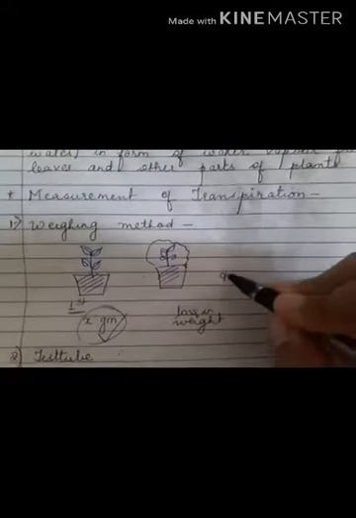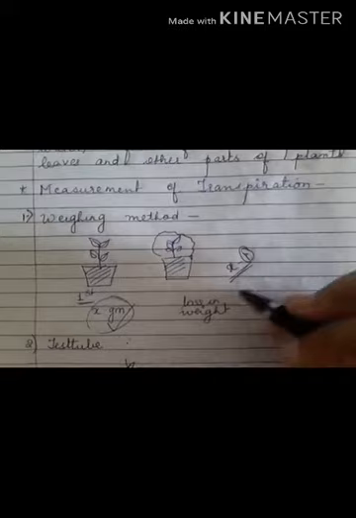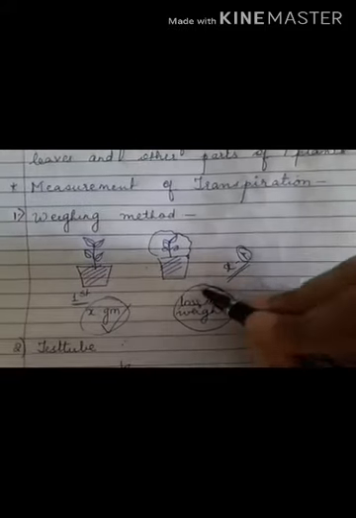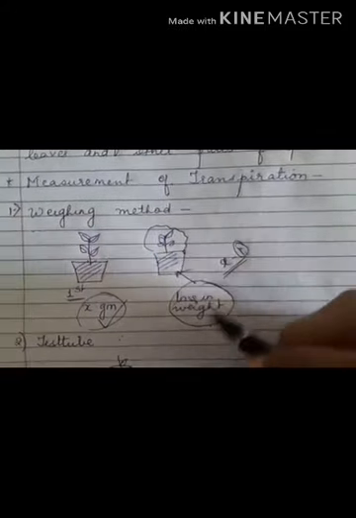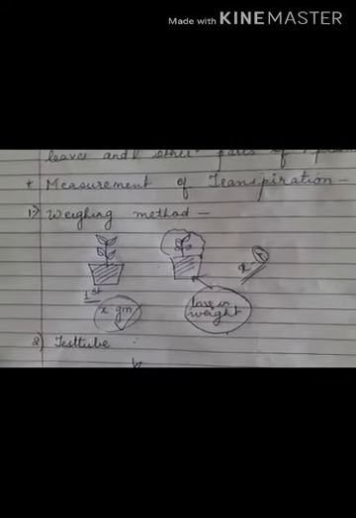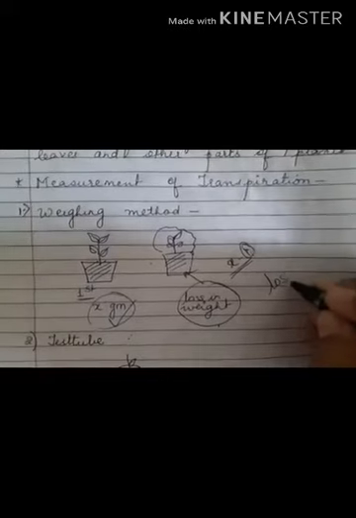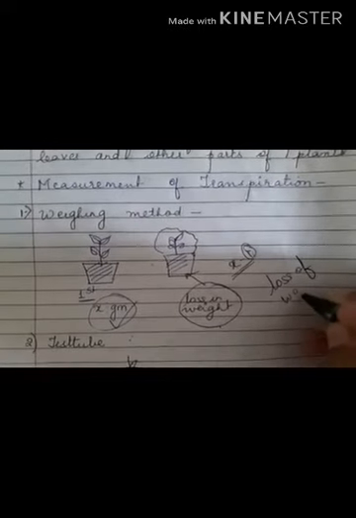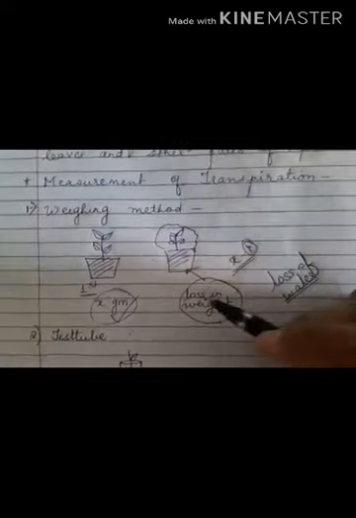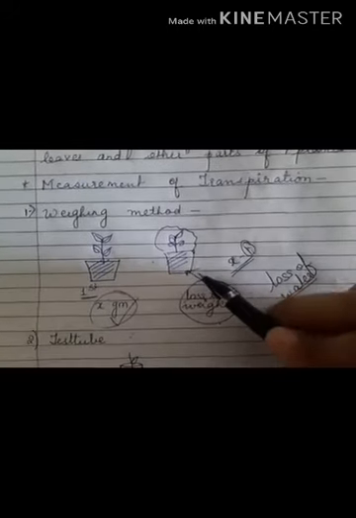You will observe that there is a loss of weight in the plant, say I have just taken a value of 1. The soil surface and the pot should be covered to prevent evaporation. So the loss in weight of the plant during the time is due to the loss of water. Because of the loss of water, it has lost weight. And this loss of water is because of the process of transpiration. So this is the weighing method.